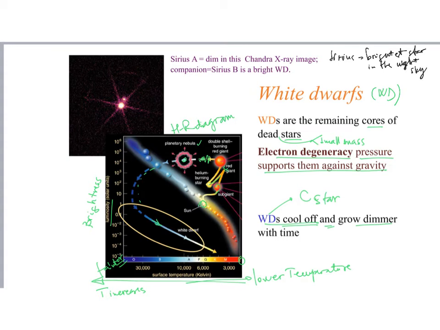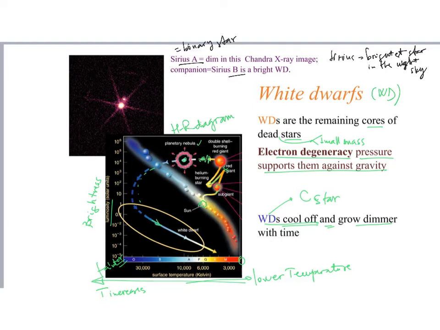So you can see it with the naked eye. But it turns out Sirius is a binary system, a binary star. So there is the A component and the B component. Now, nearly all the visible light that we see from Sirius comes from Sirius A.